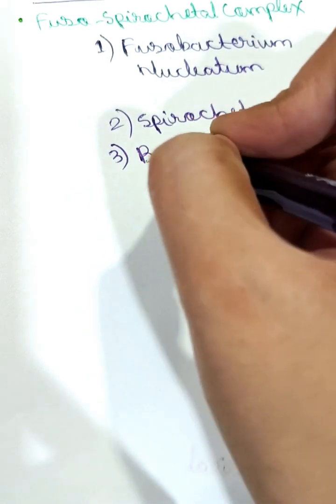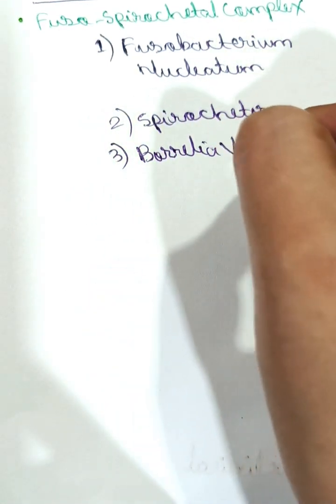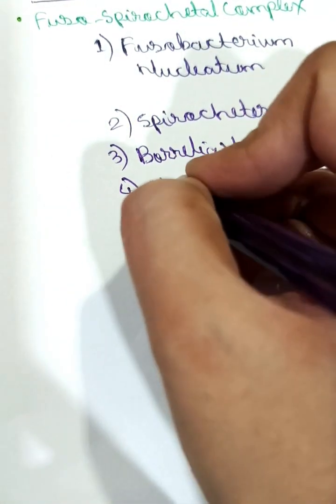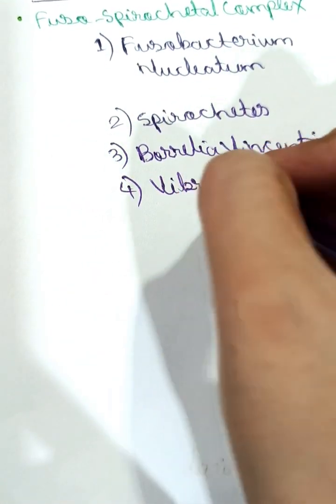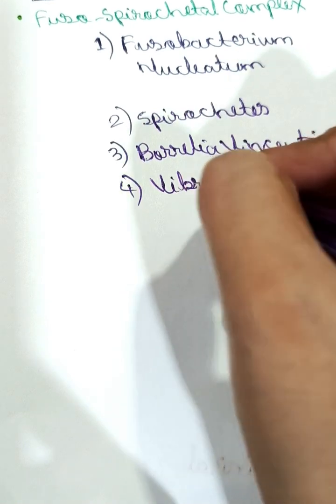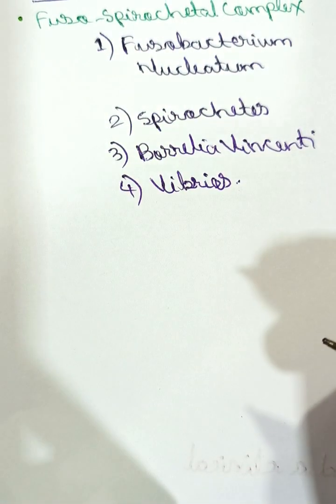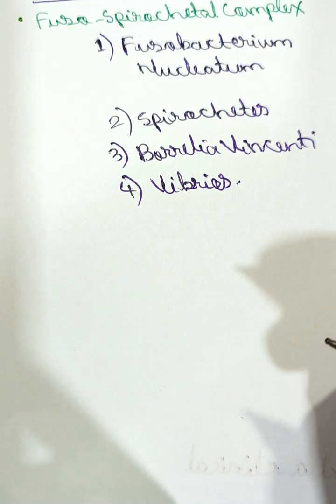Next is the spirochetes. Third, Borrelia vincentii. Vibrios. So these are all the organisms which lead to ANUG.